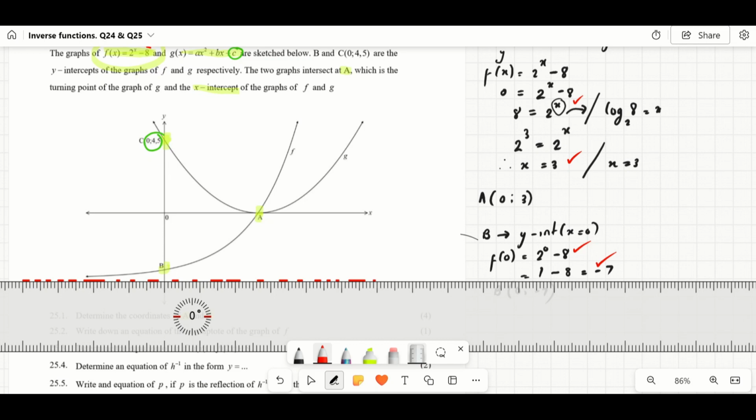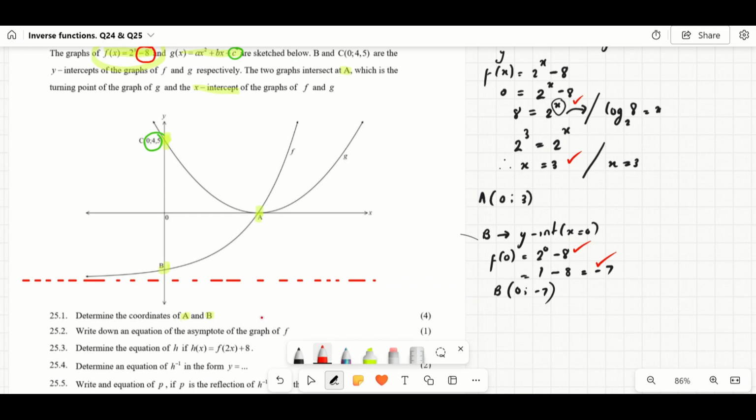It passes at negative 8, so we write y equals negative 8. So for question 25.2, the horizontal asymptote is y equals negative 8. That's 1 mark.